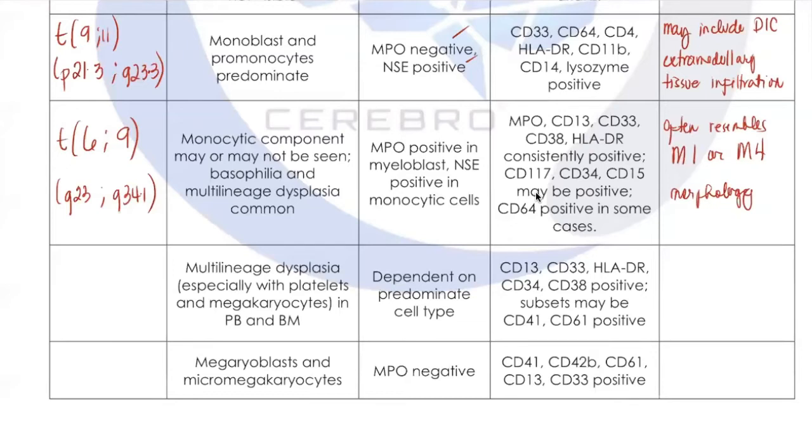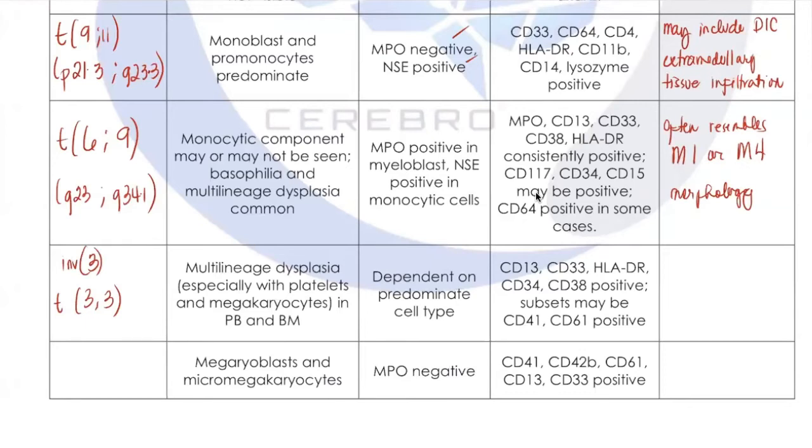Next, we have the inversion in chromosome 3, no? So inversion in chromosome 3. So again, yung mga inversion, okay, pwede din natin siyang matawag na translocation from one part of the same chromosome to the other. Okay? So this is a multi-lineage dysplasia, especially affecting platelets and the megakaryocytes.